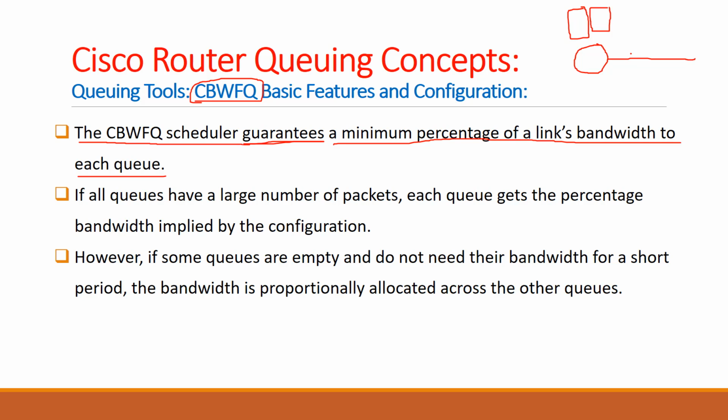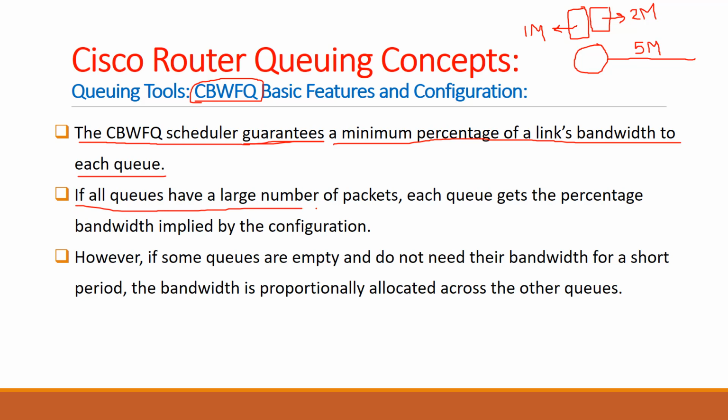If this bandwidth is 5 mega, it can guarantee for this queue, for example, 2 mega, and this queue 1 mega.